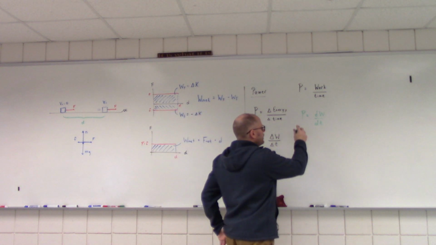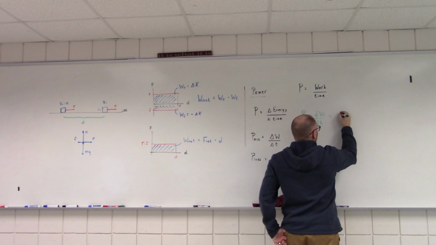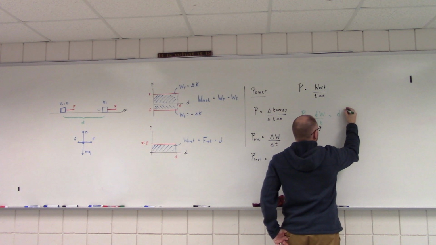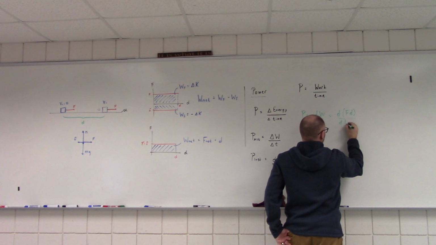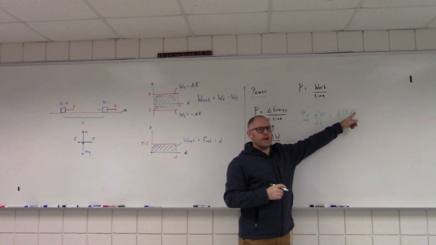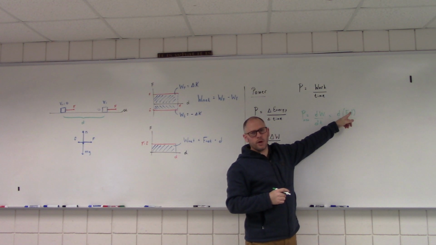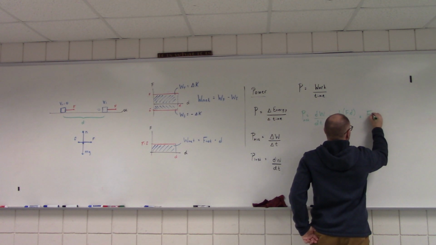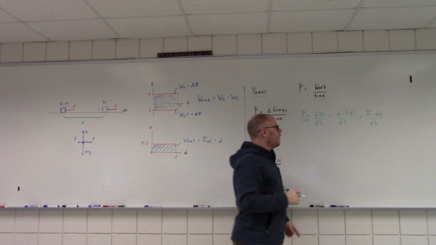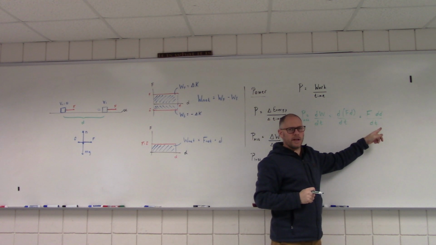And so if we think about the instantaneous power, it's the change in the force-distance product divided by the time. But let's say the force is constant, so if the force is constant, it stays out front. So this is talking about the force times the change in the distance divided by the change in time.